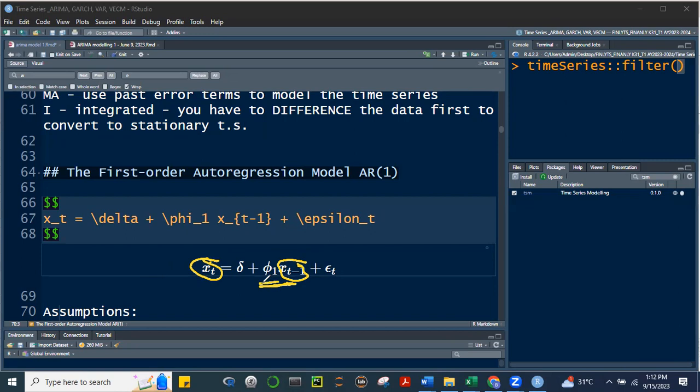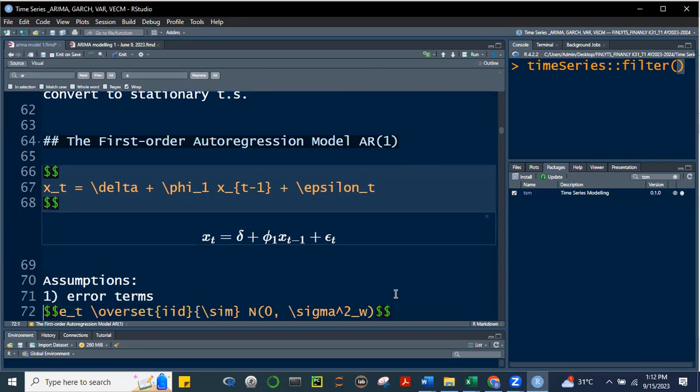And then there's this coefficient here. Then we add a certain constant, and then the error term of the current period. So that's an AR1 process, autoregressive. As we said last time, autoregressive means you're modeling your value based on past values of itself. Okay, so it's very easy also to understand what an AR2 process is.